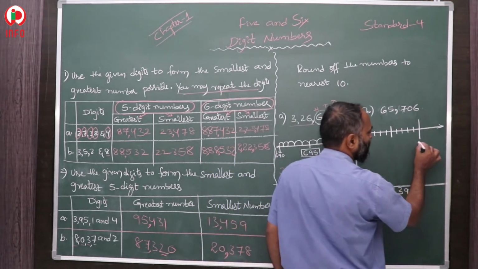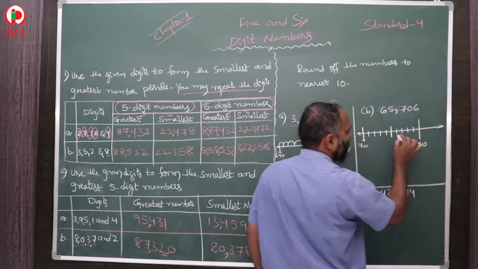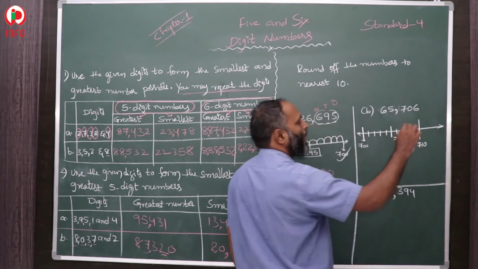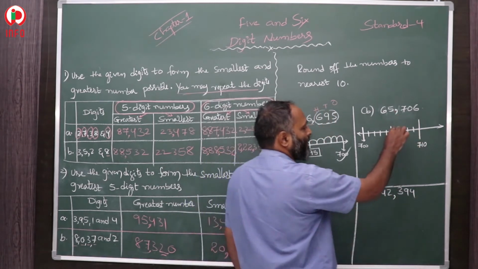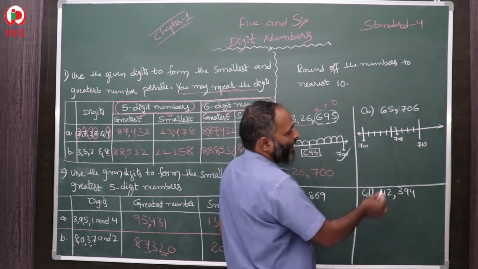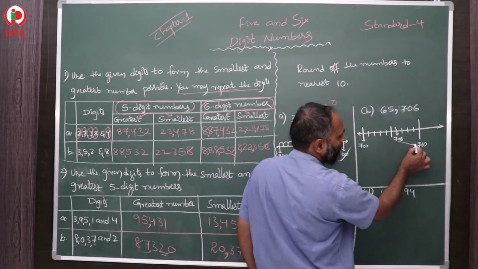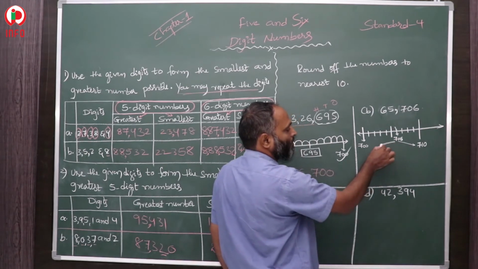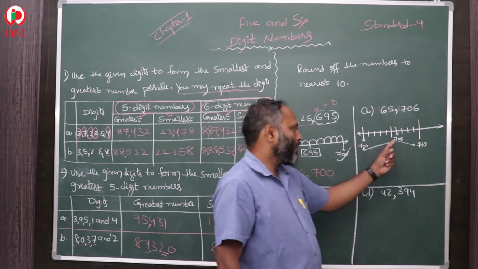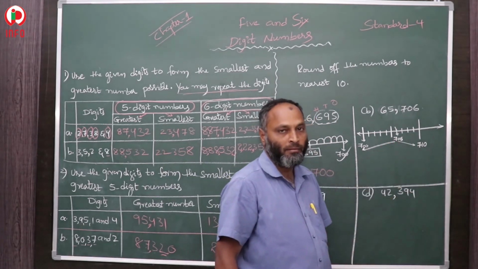This value is 706. This value is near to 710 and far from 700. 706 is near to 710.